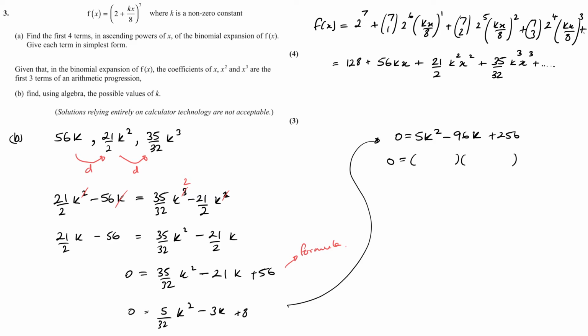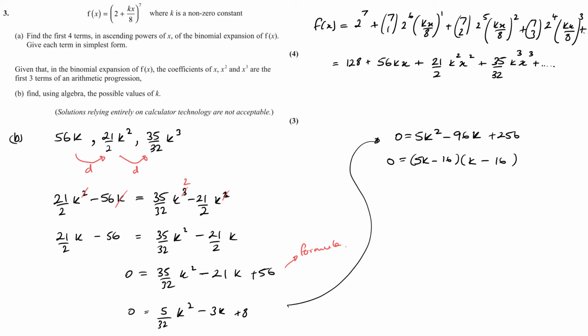And that should now, 5, minus 96, 256. So I'm just going to pop that in my calculator and I can see, right, we've got a 5k minus 16 and a k minus 16.